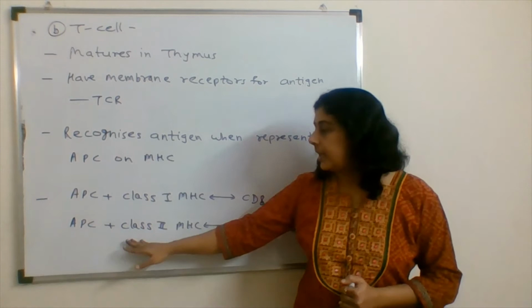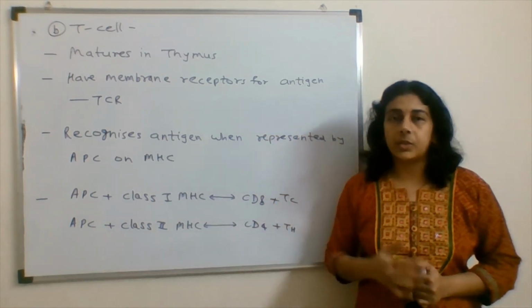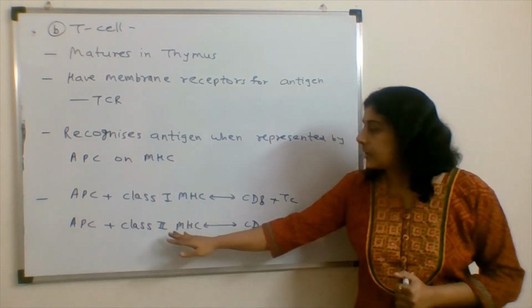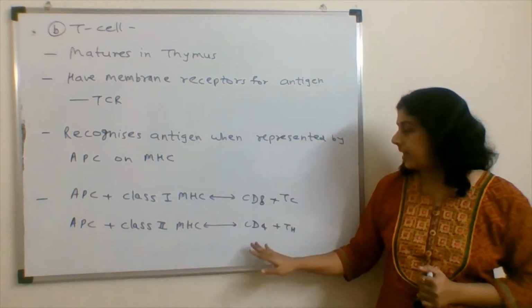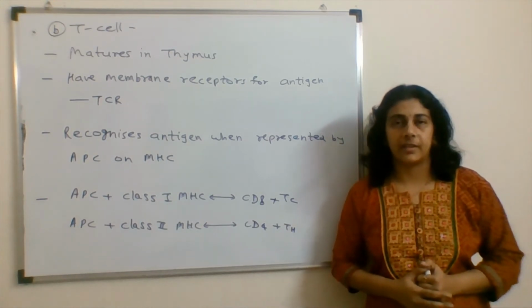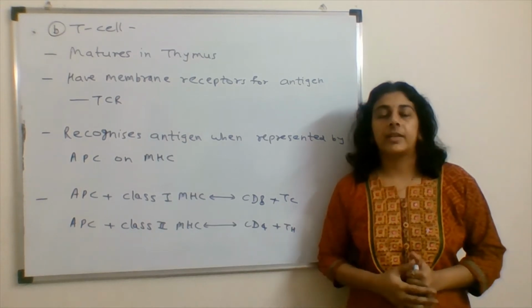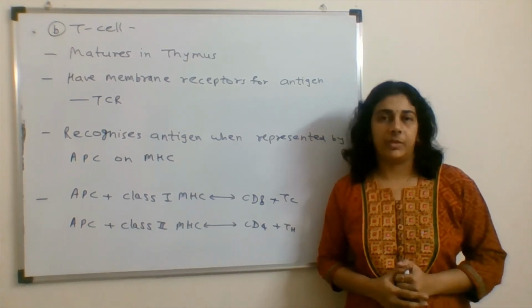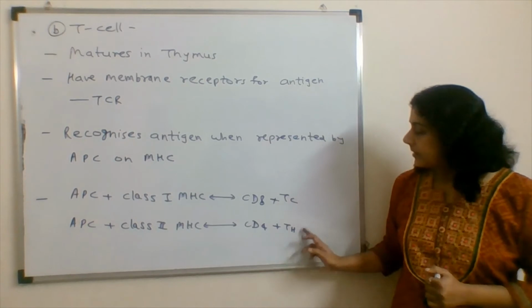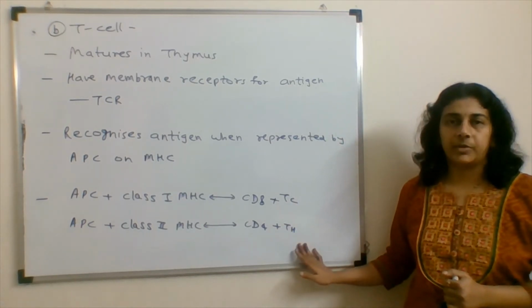Secondly, if the antigen presenting cell is presenting antigen on a class 2 MHC, then this combination is recognized by a CD4 molecule present on a T helper cell. This T helper cell activates the other lineages of the immune system, so it is a very important cell in the immune response.